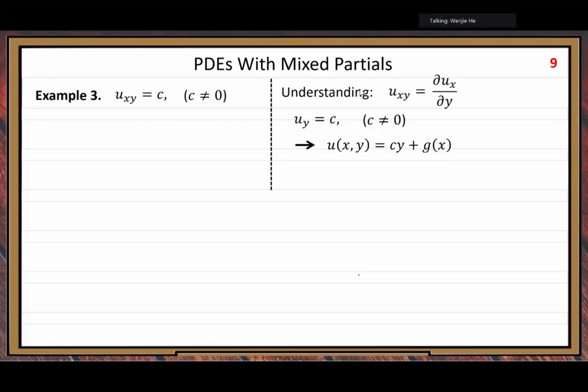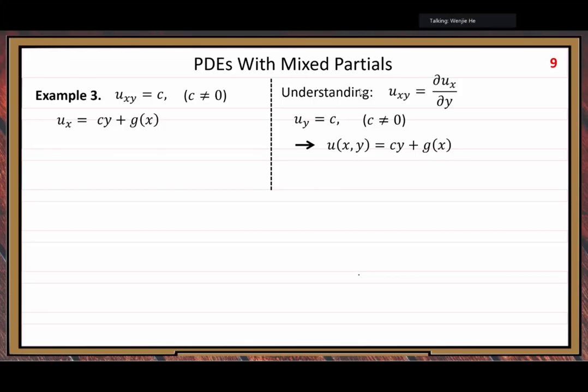Let's write it first: u sub x equals cy plus g of x. Here, g is an arbitrary function.